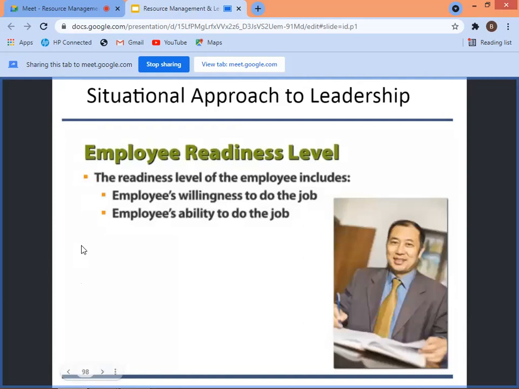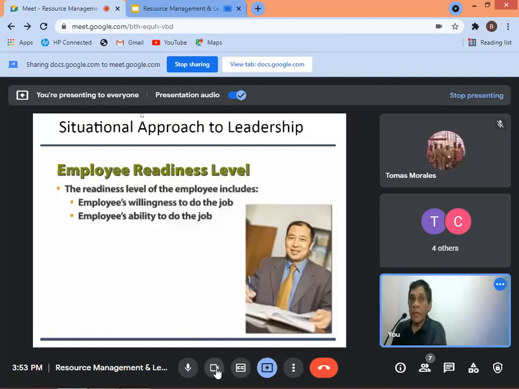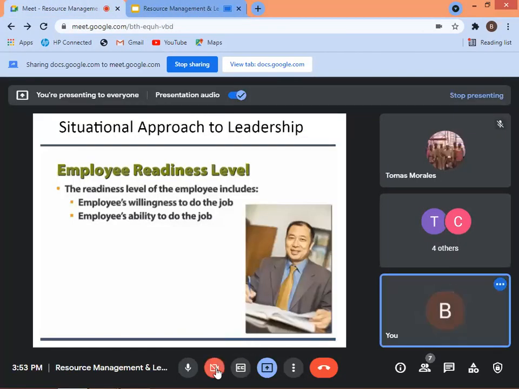Okay. Employee's willingness to do the job, employee's ability to do the job. That is the readiness level of the employee.